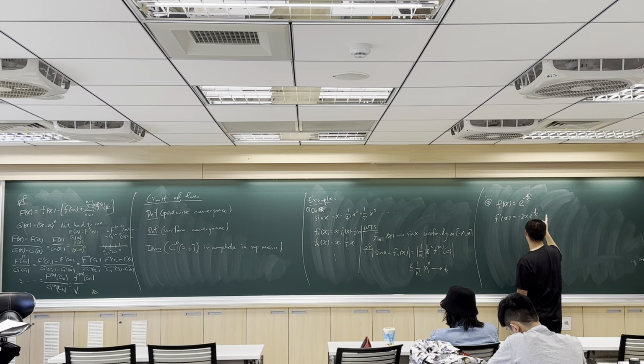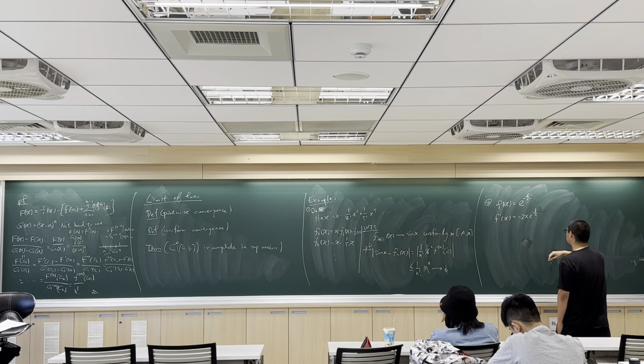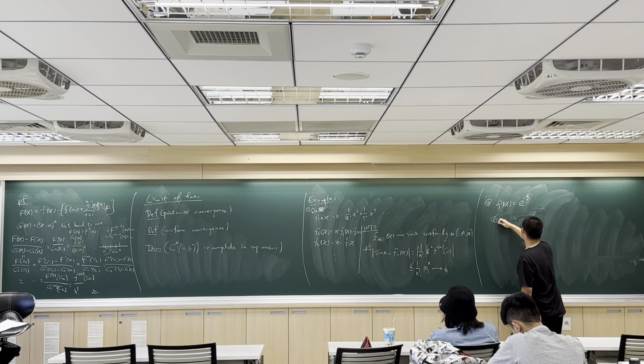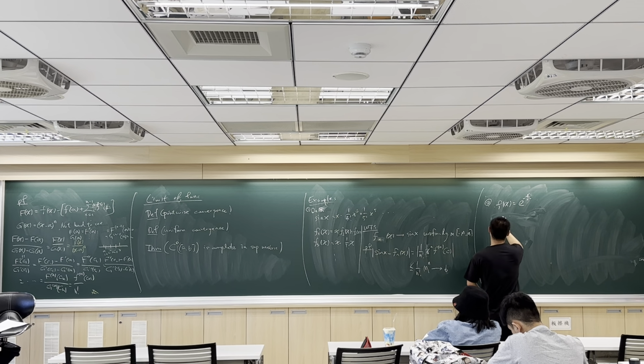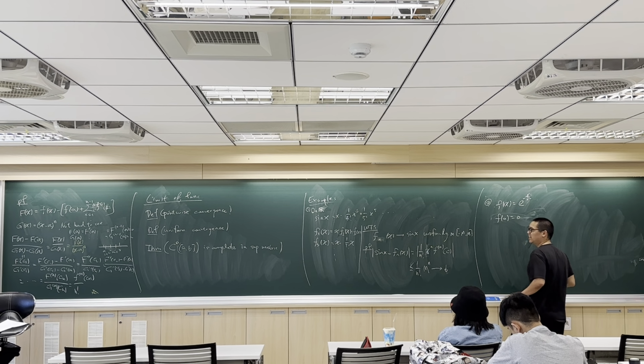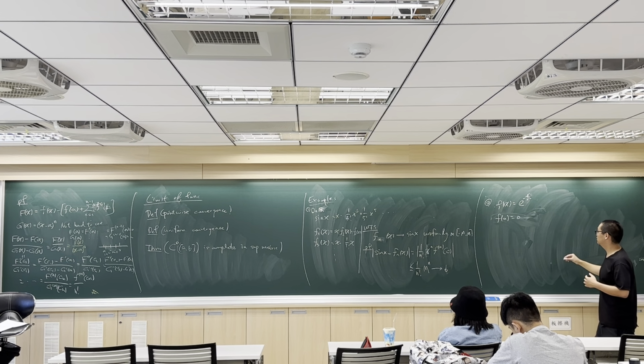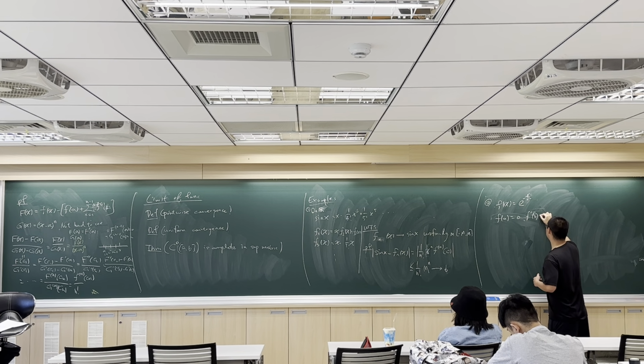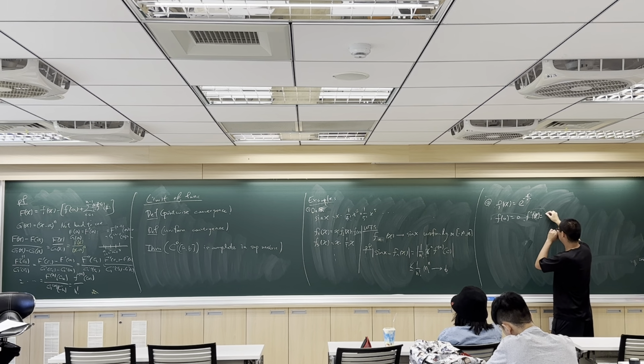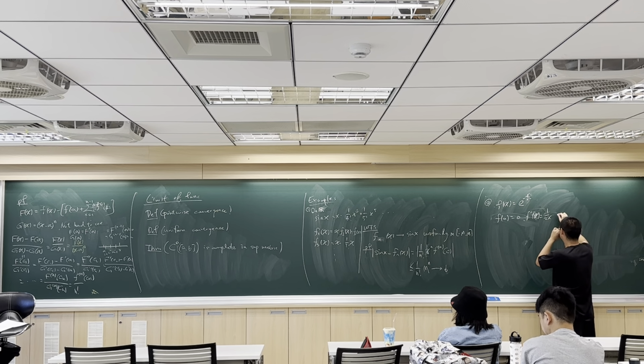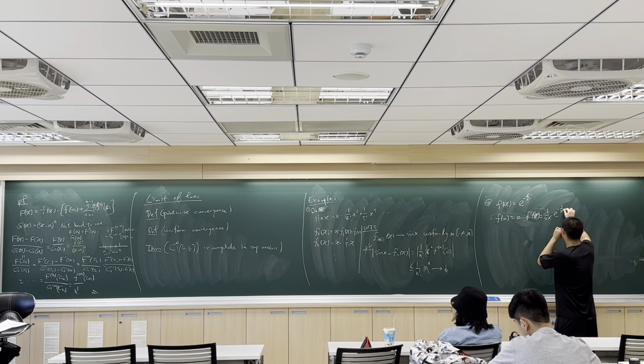So f(0) is 0, and f prime of x equals 2x over x to the fourth times exponential of 1 over x squared.